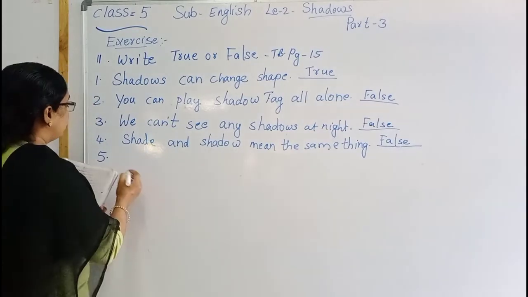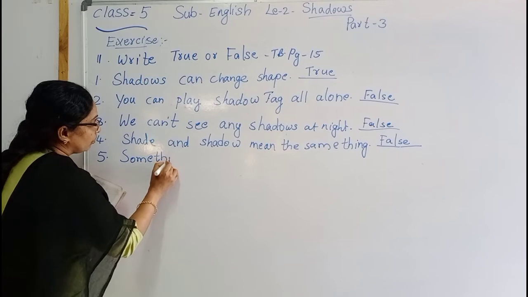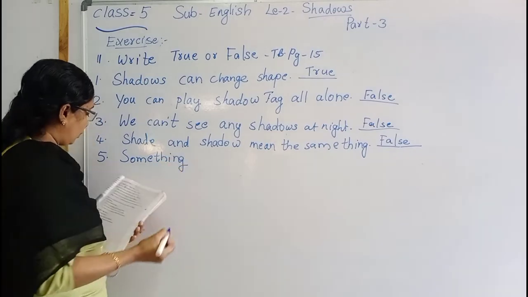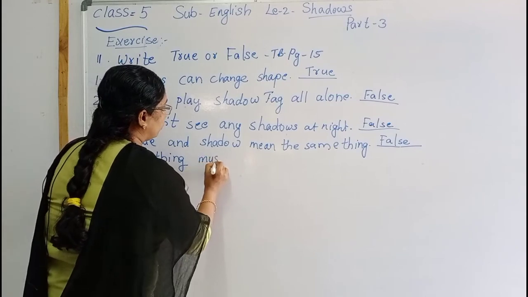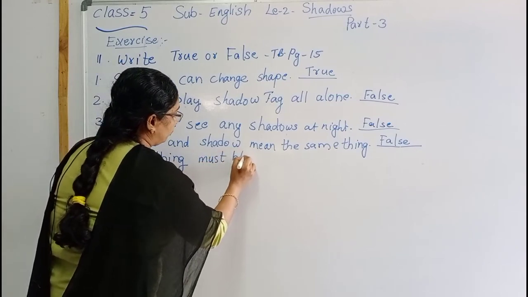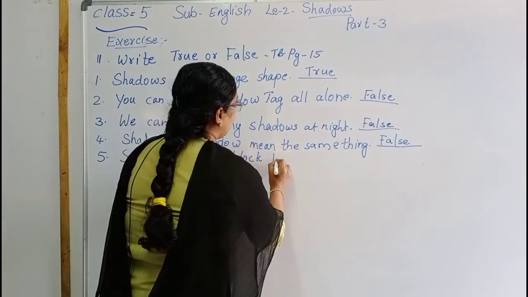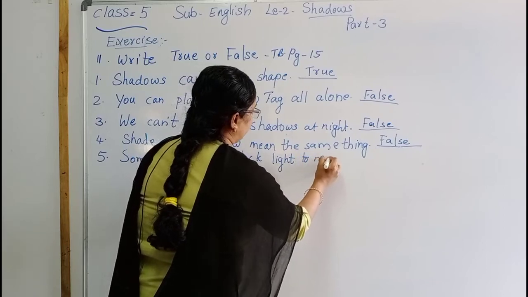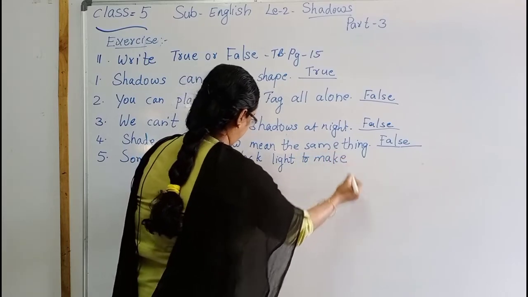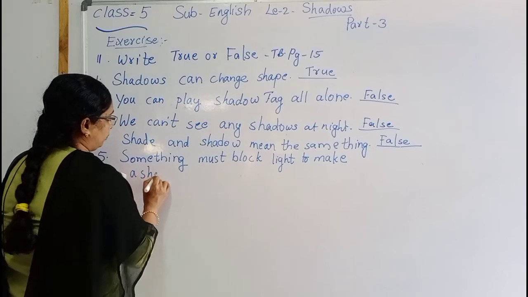Then number 5. Something must block light to make a shadow.